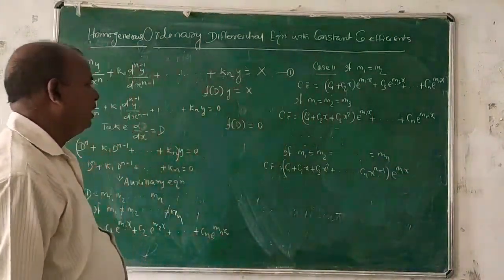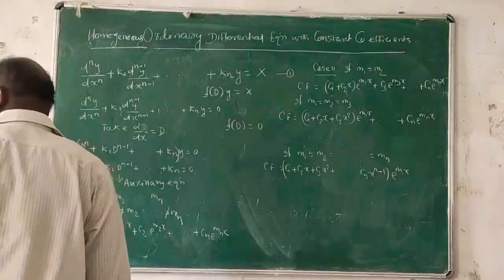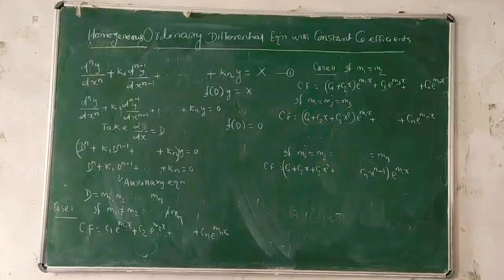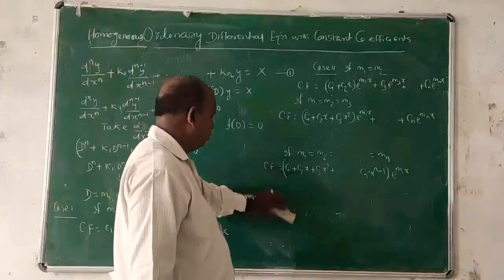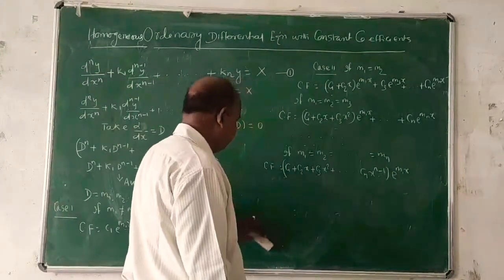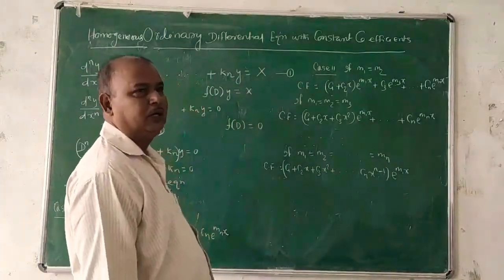So this is the formula for finding the complementary function for equal roots: two roots equal, three roots equal, and in general n roots equal.